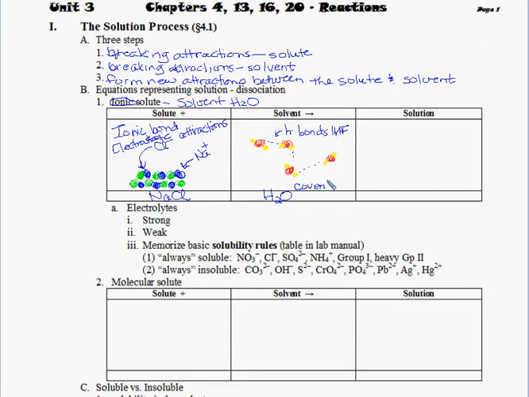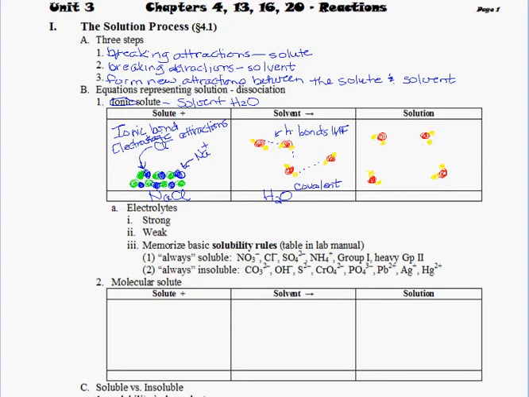So we're looking at a covalent molecule, which means the water is never going to separate as we look at our solution. We're not going to have water molecules that separate the oxygen from the hydrogen. It's always going to be our water molecules as molecules, where the hydrogens and oxygens are still in fact bonded together.